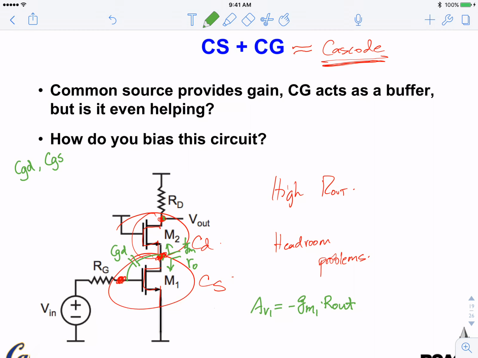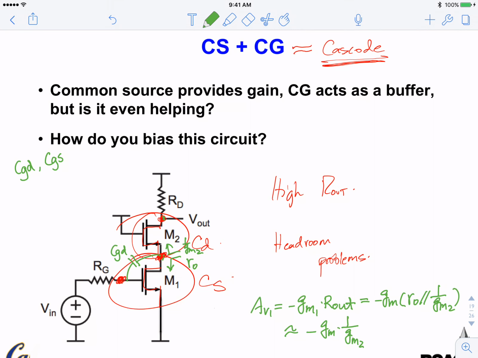So Rout here is R0 in parallel with 1 over GM2. And RO is much bigger than 1 over GM, even though it's a different transistor. It's still much bigger. So just by looking, you can say the gain is minus GM1 times 1 over GM2. GM divided by GM becomes a dimensionless number.